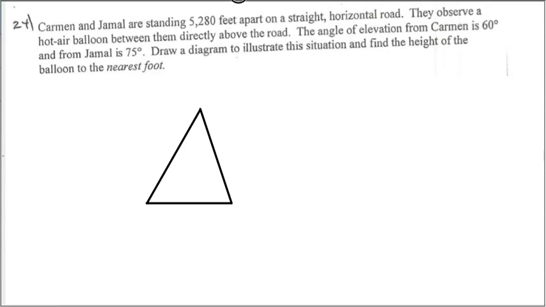So let us assume that this is 75 degrees, and this is 60 degrees, and they are 5,280 feet apart, which is basically equal to 1 mile, but anyways. Now, find the height of the balloon.